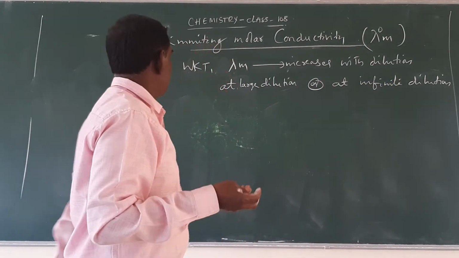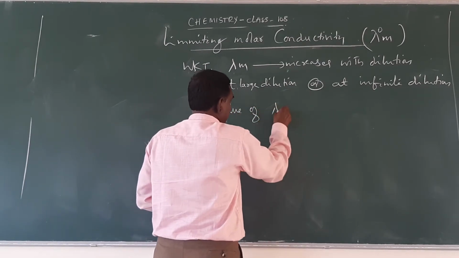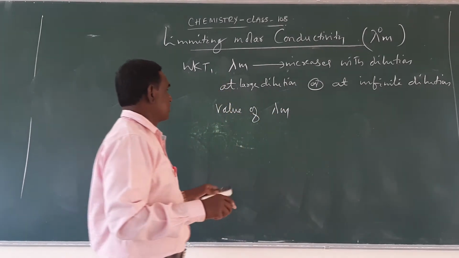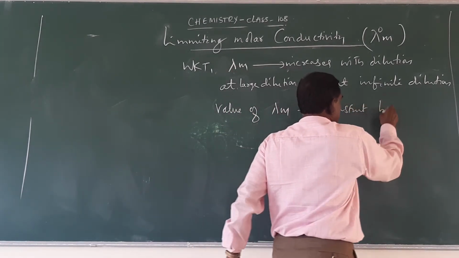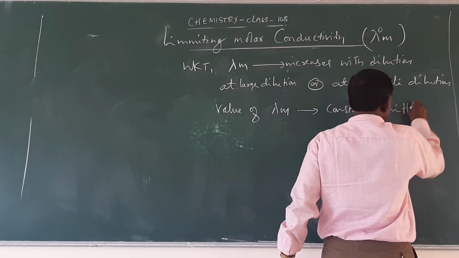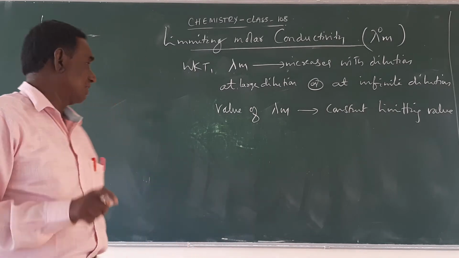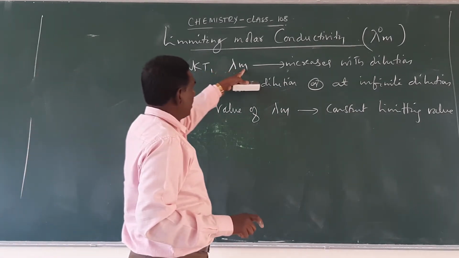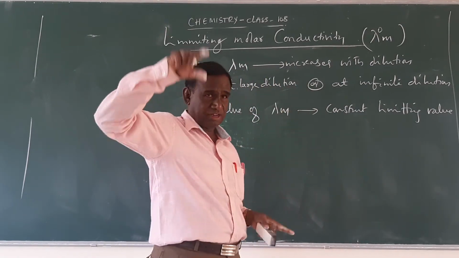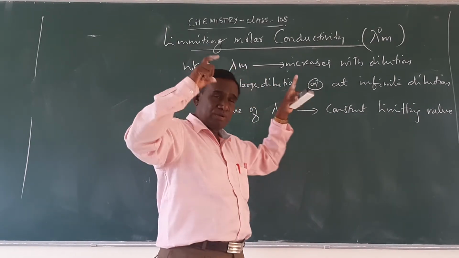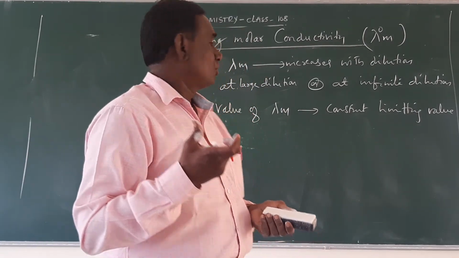At that point, the value of lambda becomes constant. You will be getting a limiting value. That means molar conductivity increases with dilution, but at large dilution or infinite dilution, the value of lambda becomes constant, a limiting value.